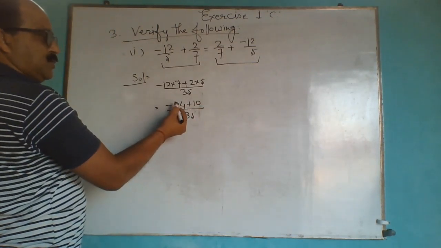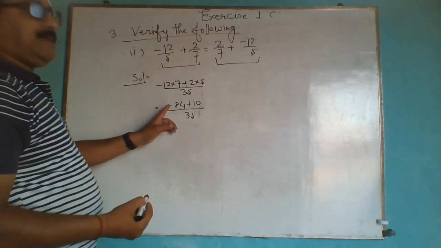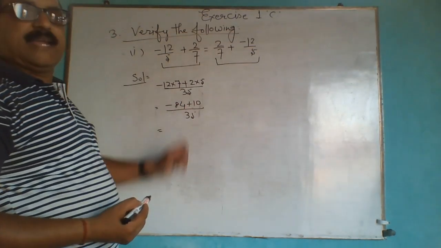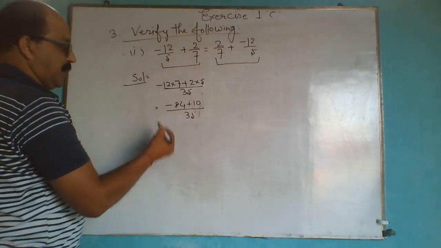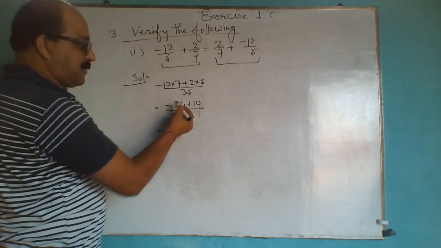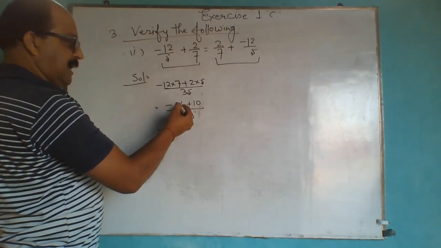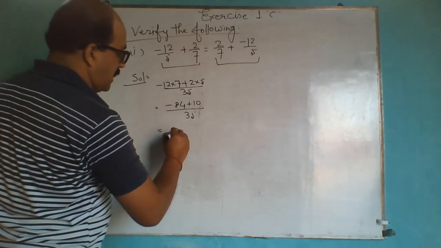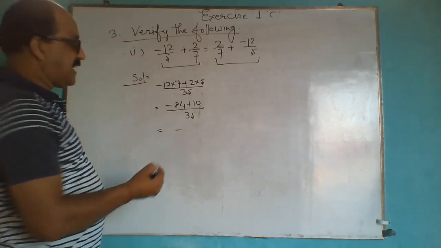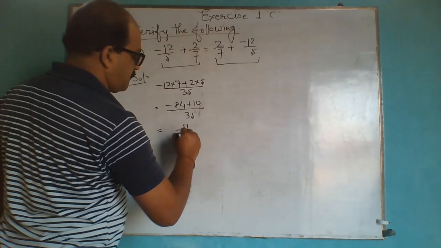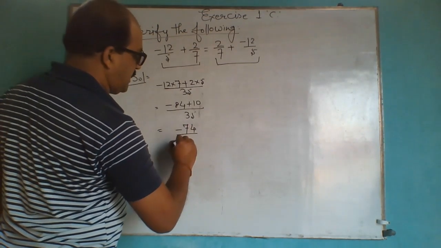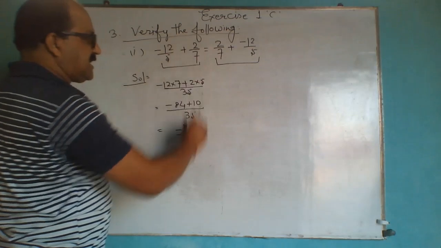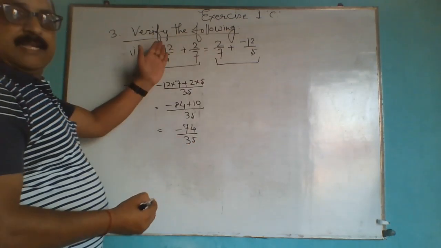So here 84 is negative and 10 is positive. The value of the negative integer is greater than the positive integer, so our answer will be a negative integer. So minus 74 by 35. This answer has come on the side of LHS.